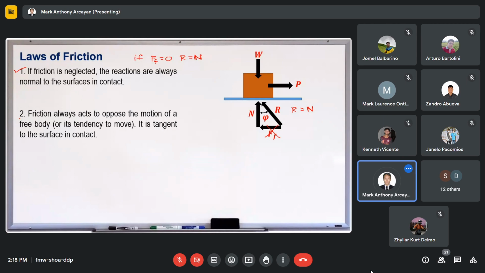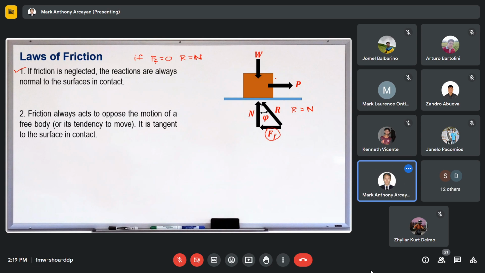Second, friction always acts to oppose the motion of a free body or its tendency to move, that is, the impending motion. It is tangent to the surface in contact. Referring back to the figure, this is the frictional force. Its direction is always opposite to the impending motion, or the tendency of the object to move.